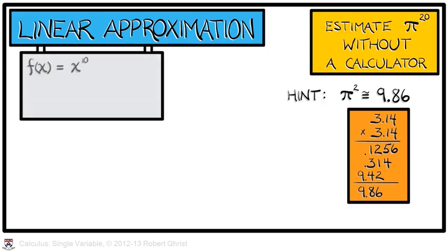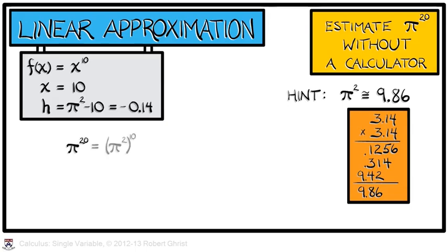Having done that, let's consider the function f of x that raises x to the 10th power. And then, if we Taylor expand that function about x equals 10, then we're not too far off of pi squared to the 10th, or pi to the 20th. In this case, h, your error, is pi squared minus 10, which, according to our computation, is about negative 0.14.